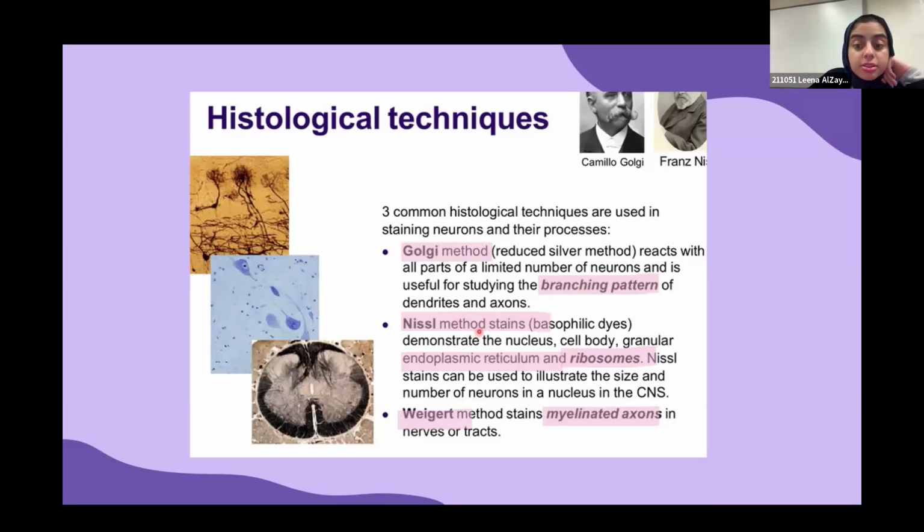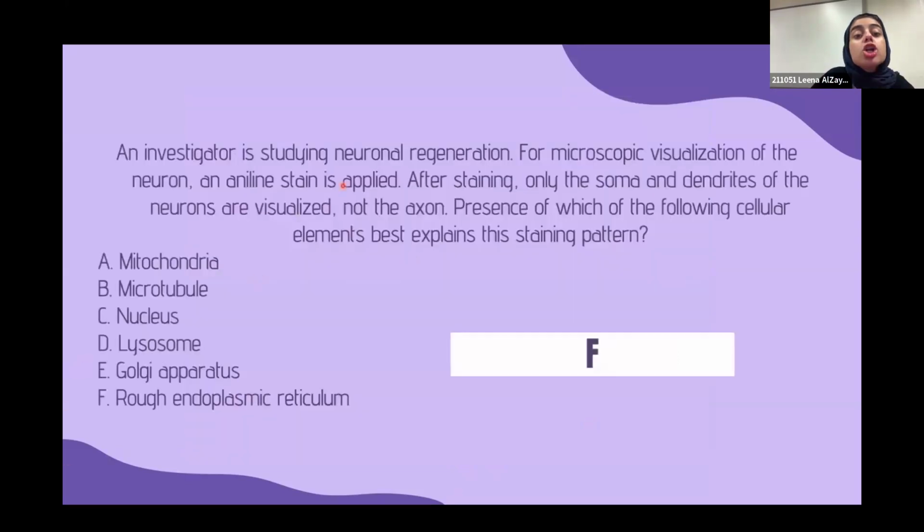The Nissl method involves demonstrating the nucleus, the cell body, the granular endoplasmic reticulum, and ribosomes. So rough endoplasmic reticulum and ribosomes. The Nissl body stain usually illustrates the size and the number of the neurons. Weigert's method stain is for myelinated axons, which we said were not mentioned in the question. They specifically said not axons.